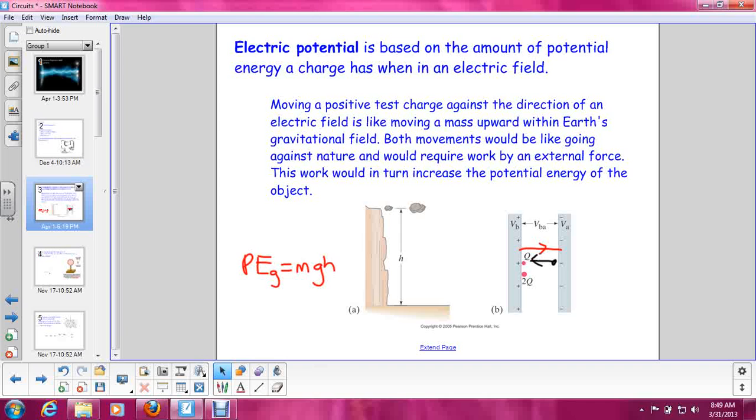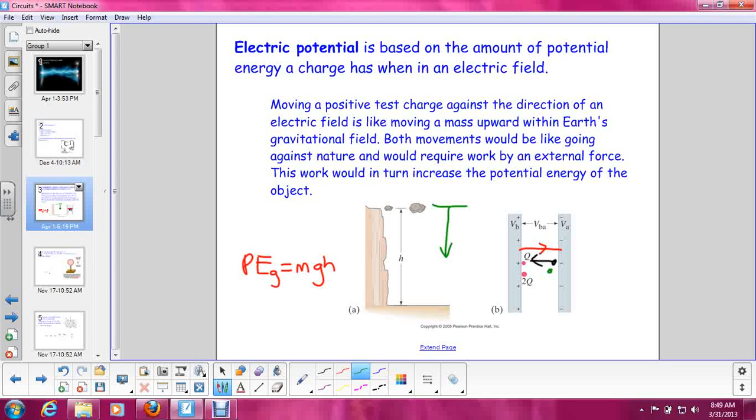Both of those require a force, and it will increase the amount of potential energy in that object. A rock raised pretty high up off the ground has a lot of gravitational potential energy. If you were to let go of it, it's naturally going to move downward. The height will decrease.